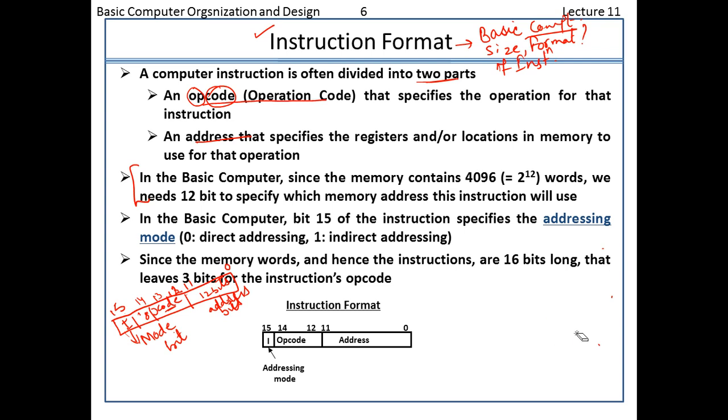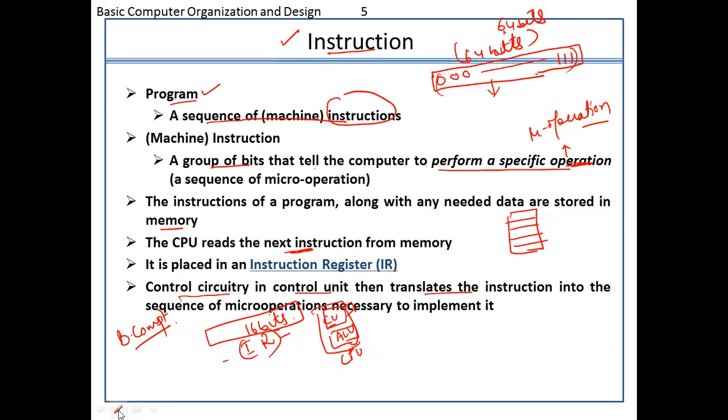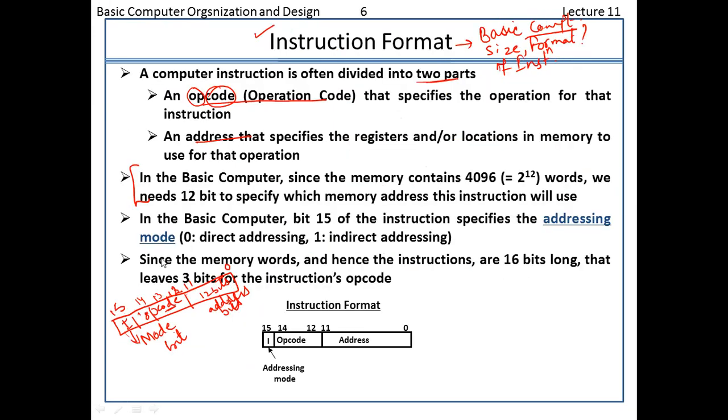This concept is very important from the point of view of understanding and building the foundation of this course, computer organization and design. We have defined in the computer specification that my system has the capability to store 4096 words.